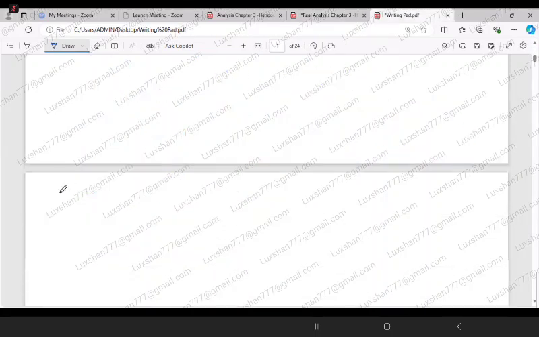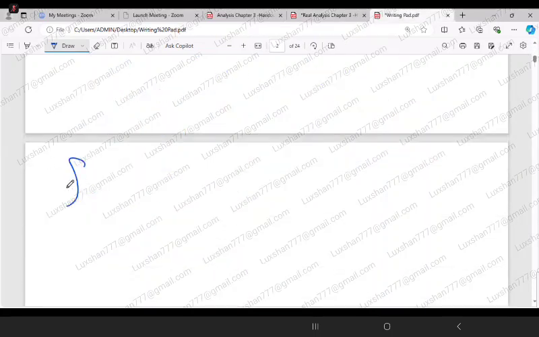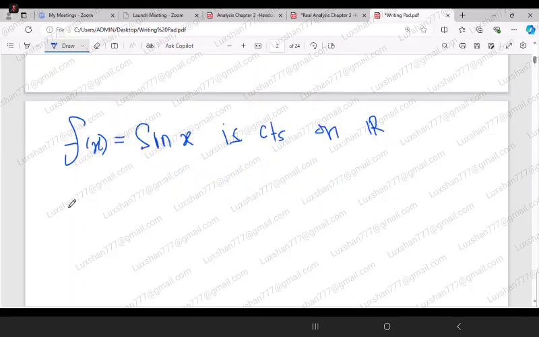So now we are going to prove f(x) equals sin x is continuous on R. We are going to use the same idea, but we have to choose a different point.